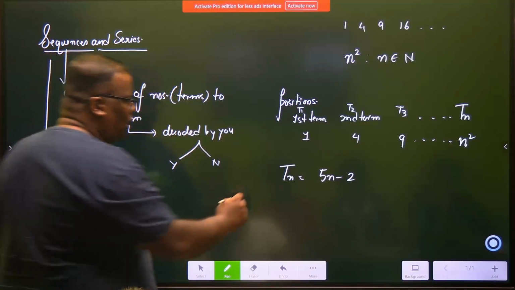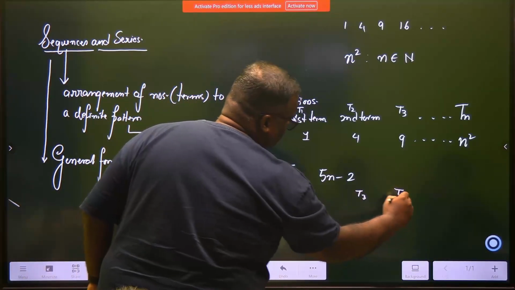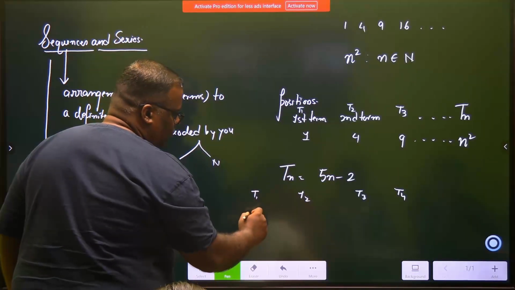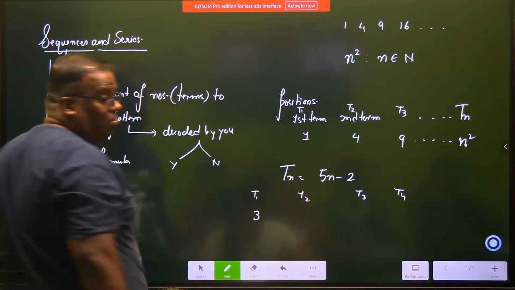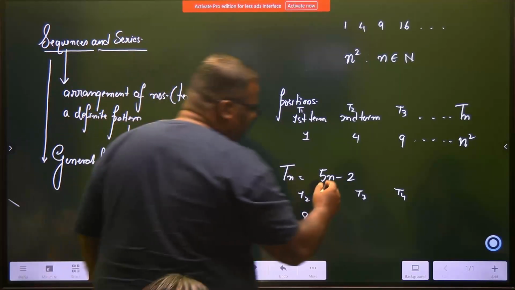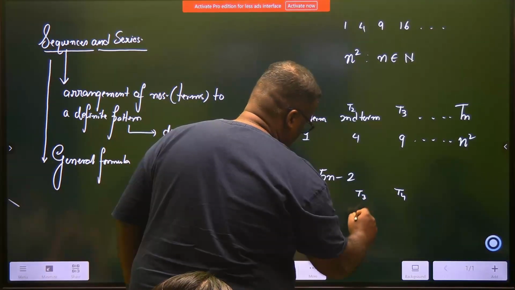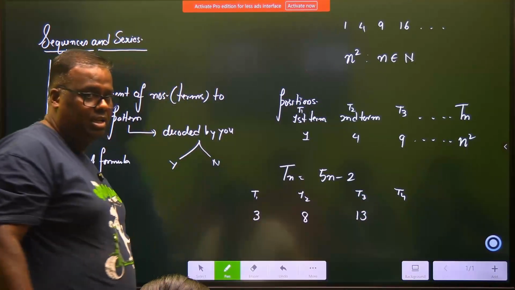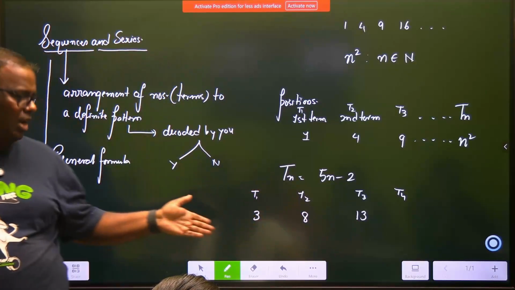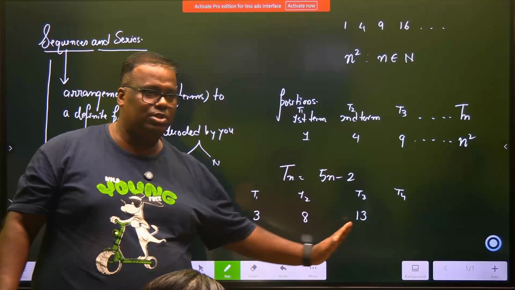So let's see what are our first term, second term, third term, and fourth term. Let's populate. First term will be how much? 5 into 1 minus 2. So it will be 3. 5 into 2 is how much? 10, then this becomes 8. Then 5 3s are 15. 15 minus 2 is 13. Now, if I give you these numbers, it becomes easy for you. You can understand that there's a difference of 5 running through this.